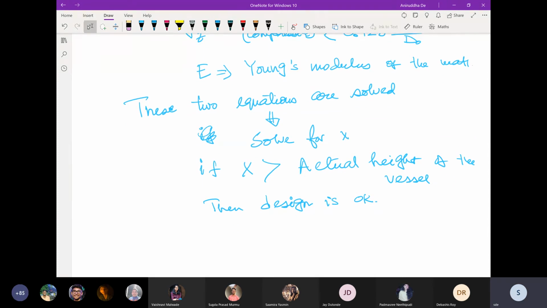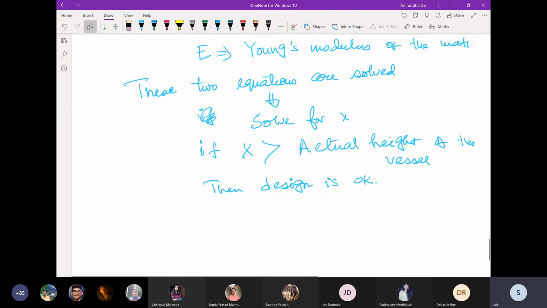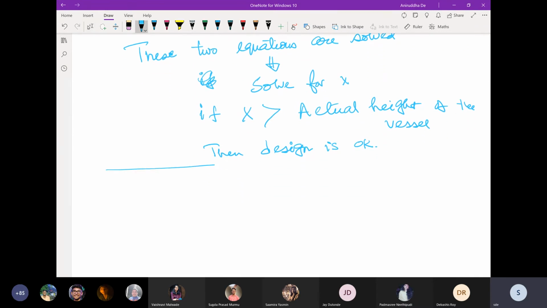The option is we have to select another sheet of the metal of different thickness, and then recalculate X and check whether X is greater than the actual height of the vessel. Okay. So this is the whole design of the tall vessel.